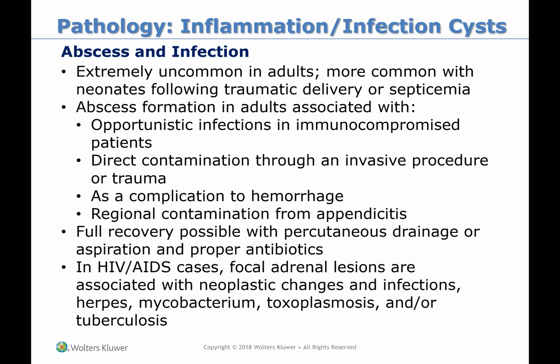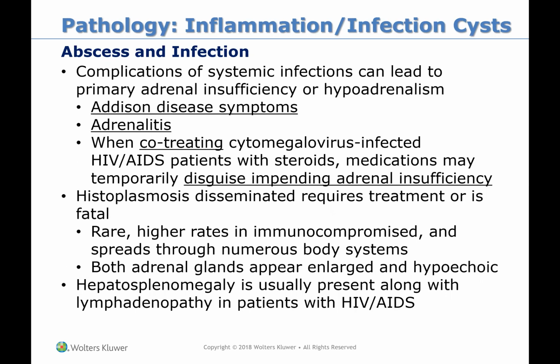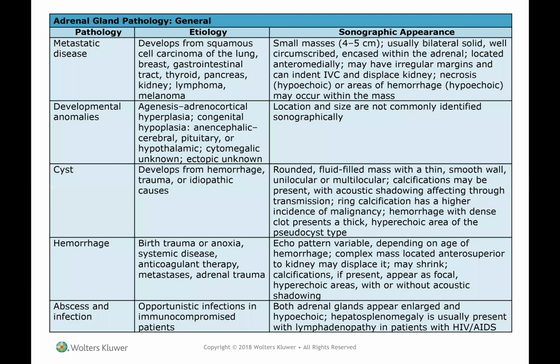You can get abscesses, but these are not very common. They're more common in neonates with a traumatic delivery or septicemia. Again, with lowered immune systems, you can have a chance of having an abscess infection. So it seems like the adrenal glands can be involved in metastatic disease quite a bit.